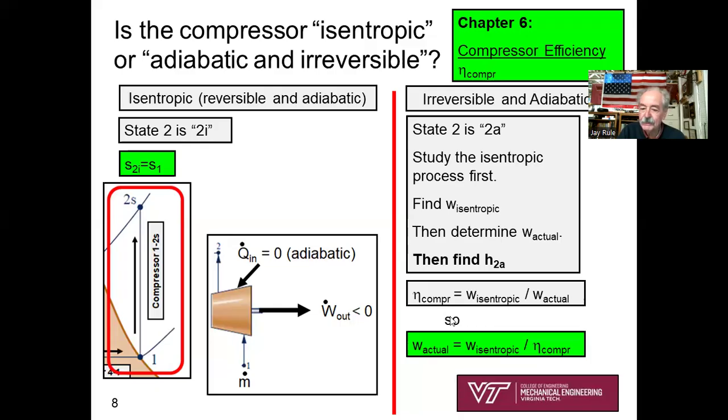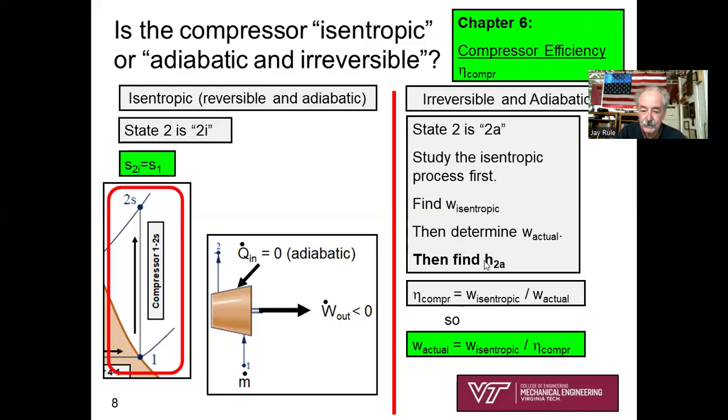We remember the definition of compressor efficiency, and that's little W isentropic divided by a little W actual. Well, let's see. We just found W isentropic by analyzing the isentropic compressor. Typically, the compressor efficiency is a known or given value, so we find W actual as a numerical value. Then we go back to the first law. Let me go back a slide.